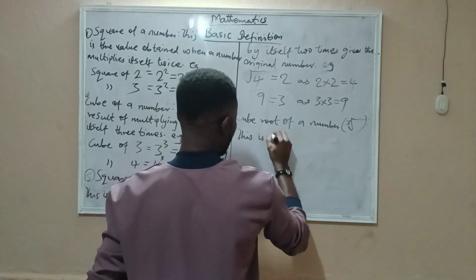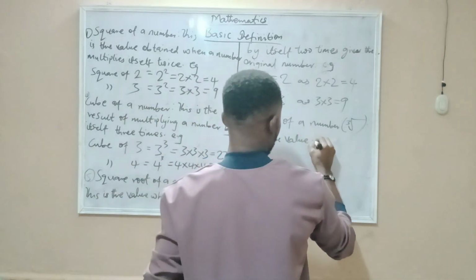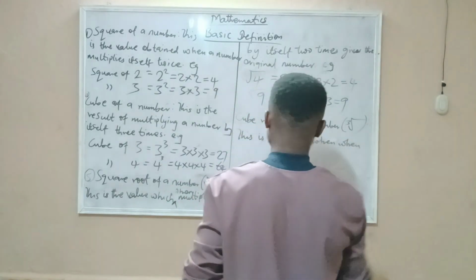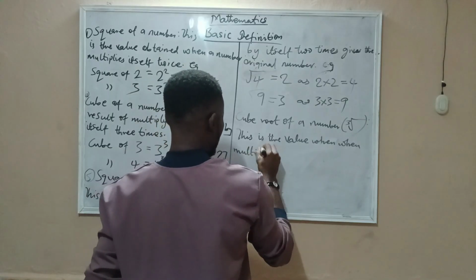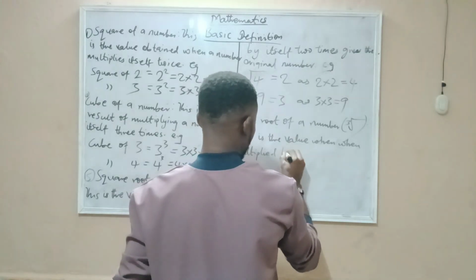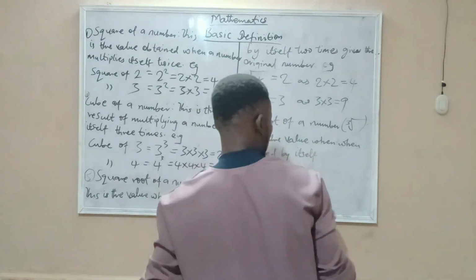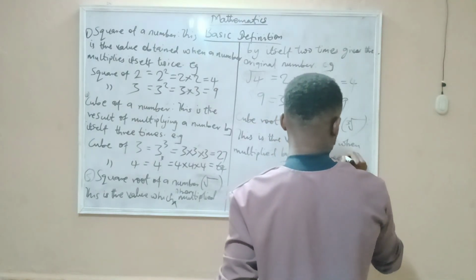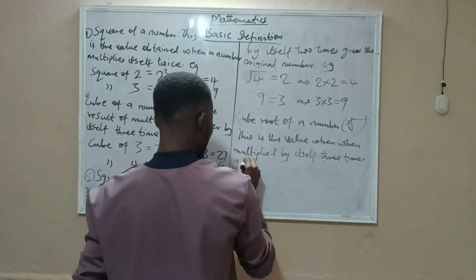This is the value which, when multiplied by itself 3 times, gives the original number.